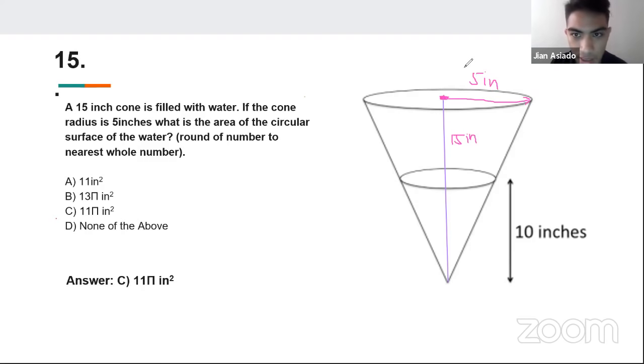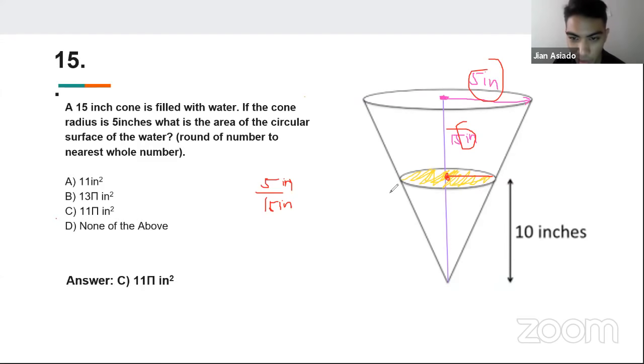So, the question is, ito yung hinahanap. Ano kayang area nito? But to find the area, kailangan nating makuha yung radius nito. But to find the radius, gamit tayo ng proportion, ratio and proportion. So, pwede mong gawin 5/15 inches, etong dalawa, since sila yung larger cone.